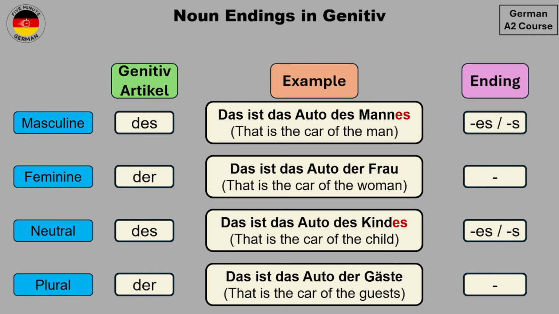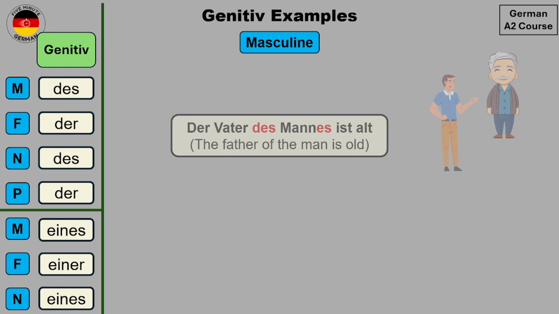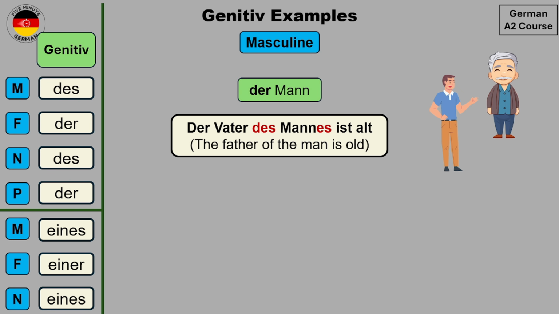Now let's take a look at some more examples with genitive, and we will first of all take a look at a few examples with masculine nouns. So an example sentence with a masculine noun in genitive can be Der Vater des Mannes ist alt. The father of the man is old. So you see that we have used des over here, which is the genitive bestimmte article for masculine, because Mann is der Mann.